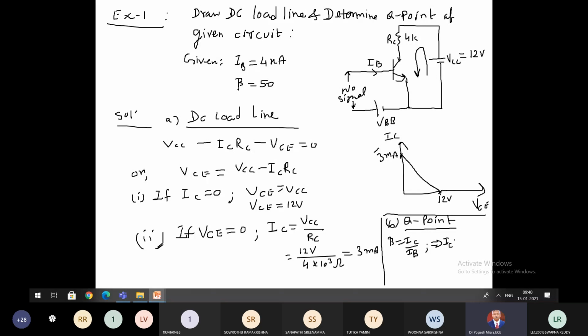Therefore IC is equal to beta IB, right? IB is 40 microampere, beta is 50.